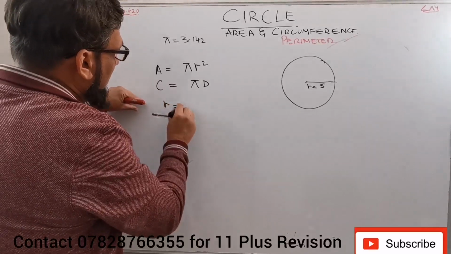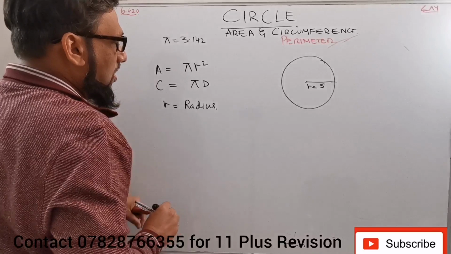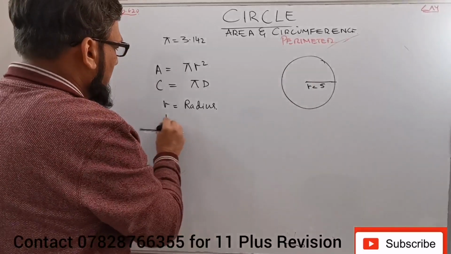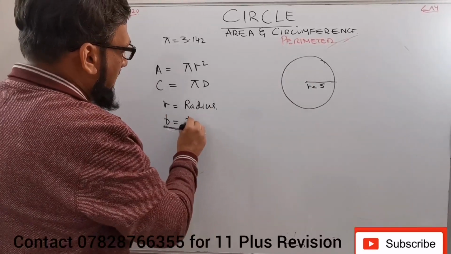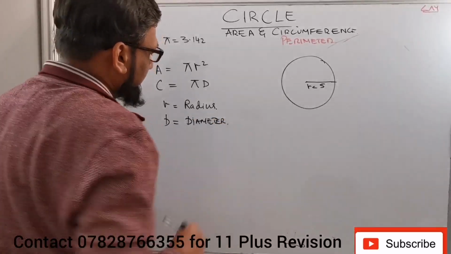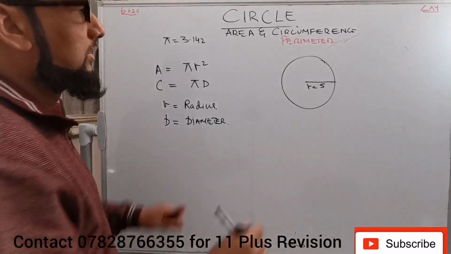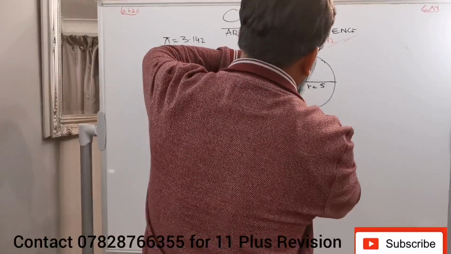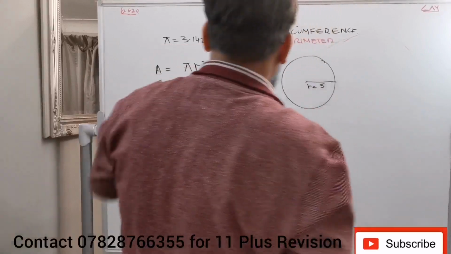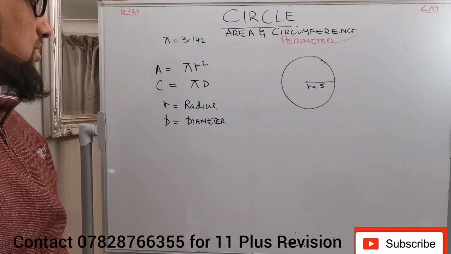Pi is given. r means radius of the circle, d means diameter of the circle, from one end to another end.